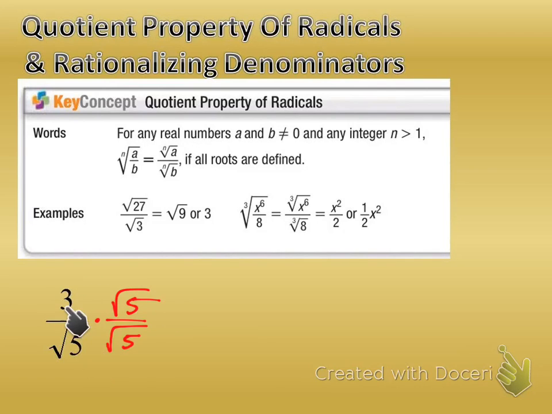So this becomes a multiplication problem. So 3 times rad 5 gives you 3 square root of 5 over rad 5 times rad 5 becomes rad 25. Square root of 25 is what? 5.